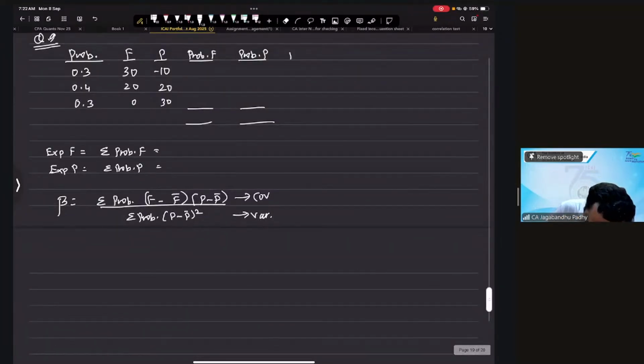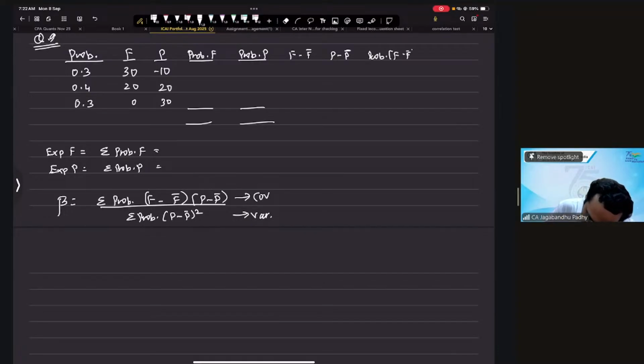So this portion is your covariance and this is your variance. We need to take F minus F bar, P minus P bar, then probability into F minus F bar, P minus P bar, and also probability into P minus P bar square.